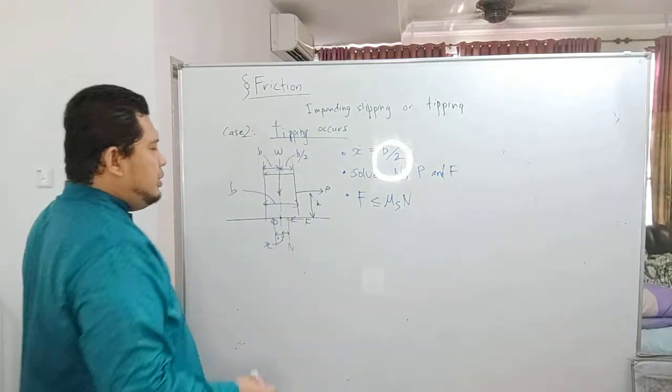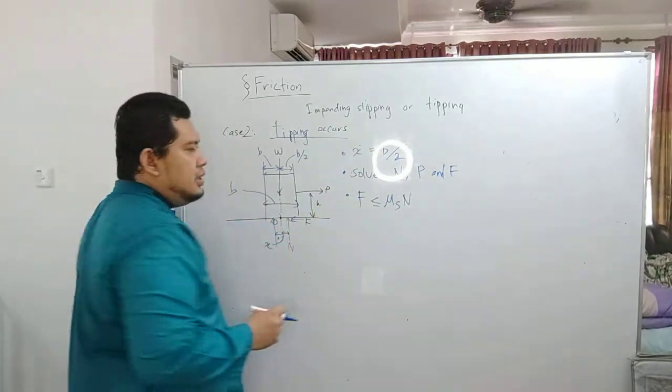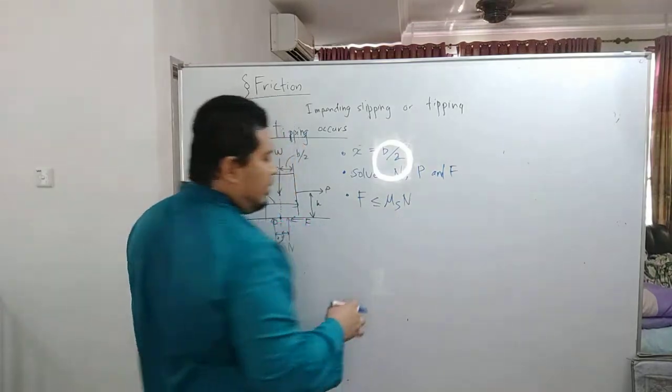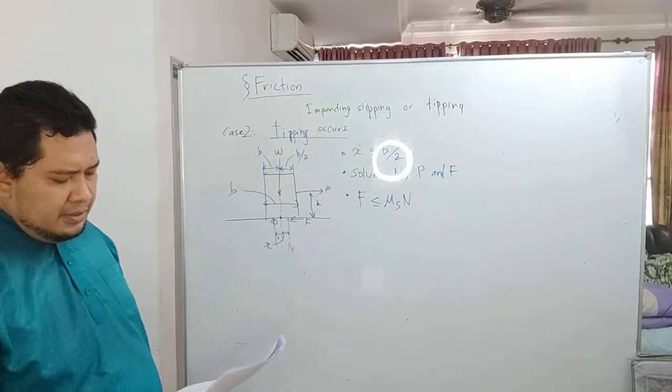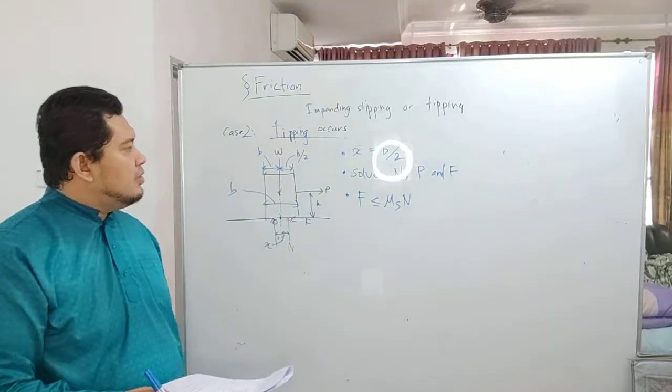This one needs to be smaller compared to mu S times N. So this is the case where tipping occurs.